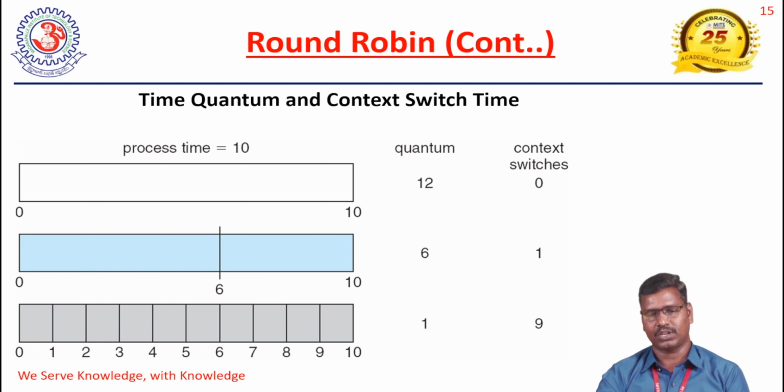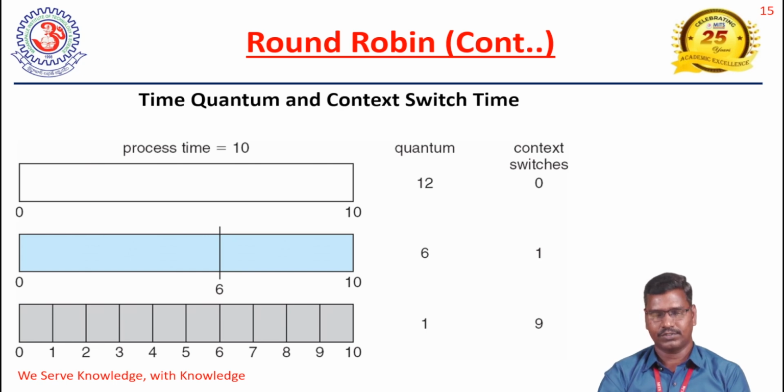The process time is 10 only, and the quantum has been increased to 12 only. So each and every process is initiated within the time duration only. That is, the context switch is equal to 0 only. No switch, no process is interrupted.